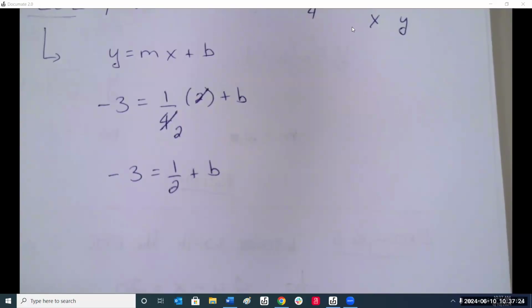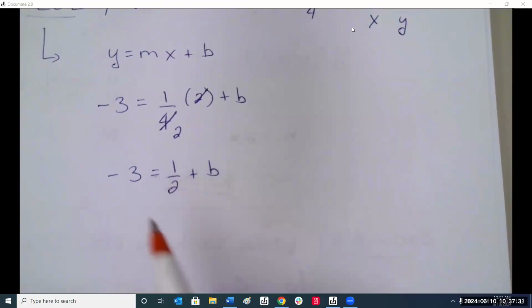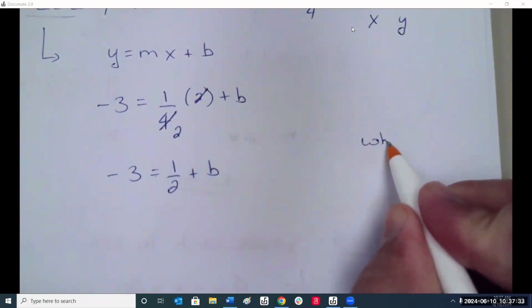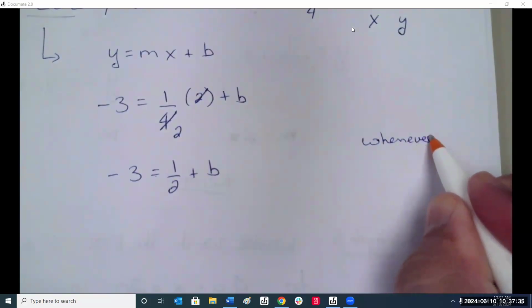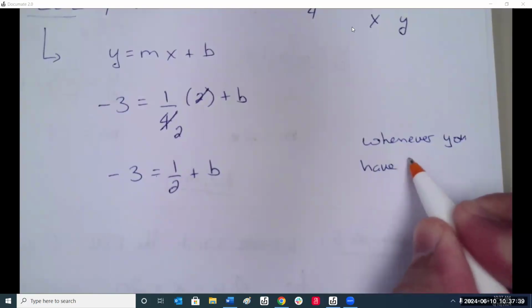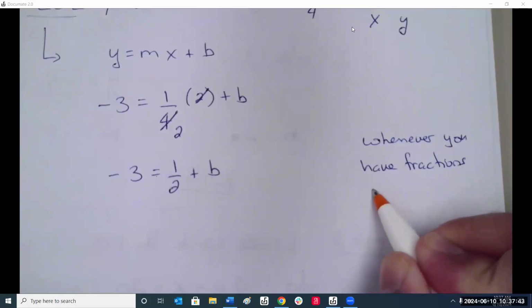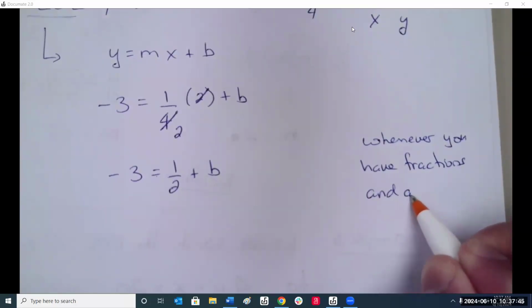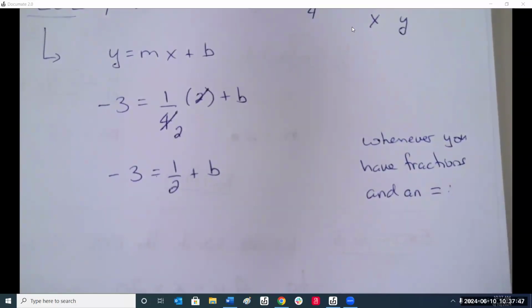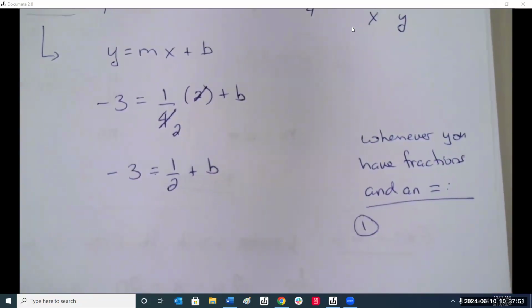Again, I'm going to give you some hints to make it much easier for you. Whenever you have fractions and an equal sign, get rid of the fractions.